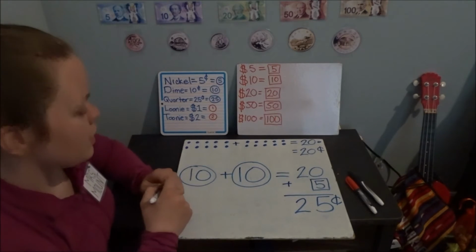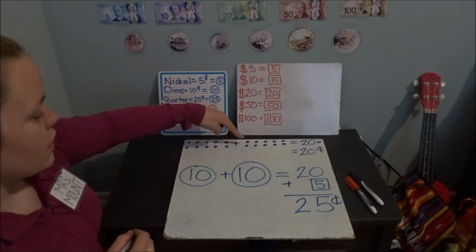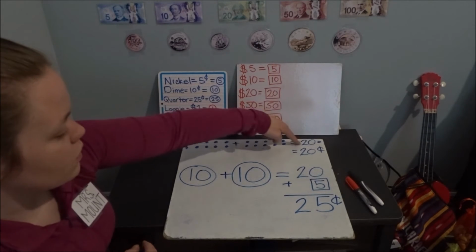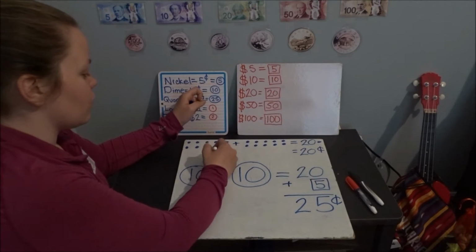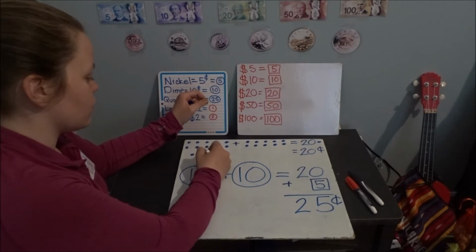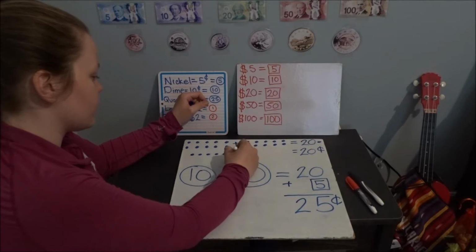And we know this and we can do it with a picture as well to show this. So we know that these 2 sets of dots equals 20. And we want to add 5 more. 2, 3, 4, 5.